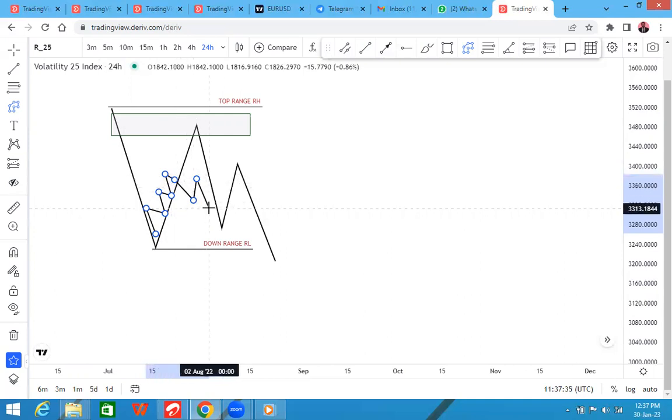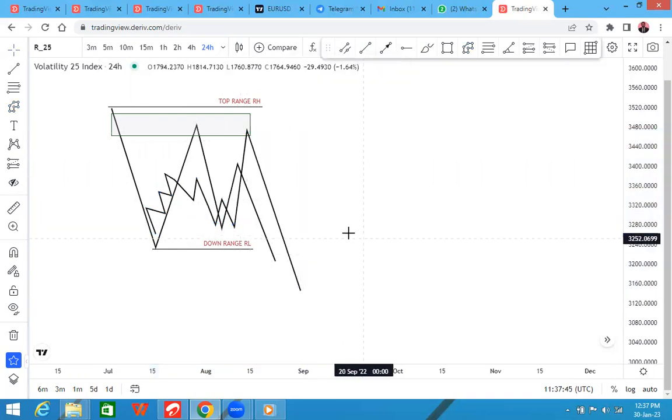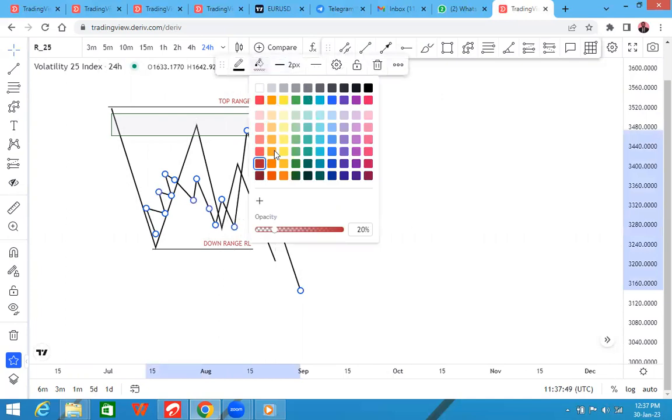So price comes, gives you this retracement, and then gives you something like this, and then comes back to this place, and then goes down. Now, why did price give you all of this move?